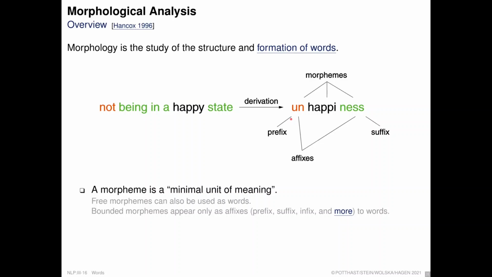Un cannot be used as a word on its own, and ness cannot be used as a word on its own. And those morphemes that cannot be used in isolation as words in their own right will be called bounded morphemes. They have to be attached to something to import their meaning to the free morpheme.